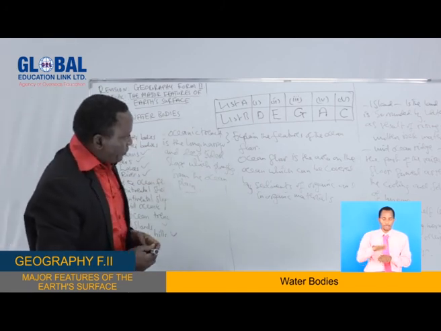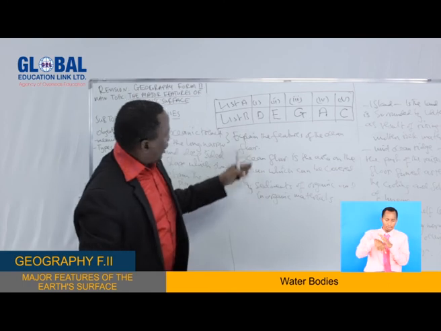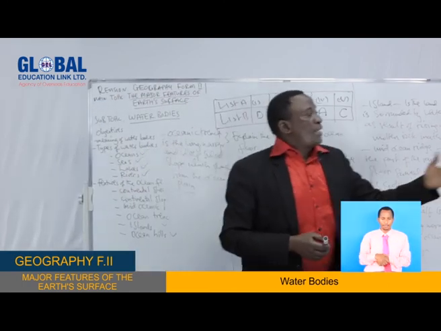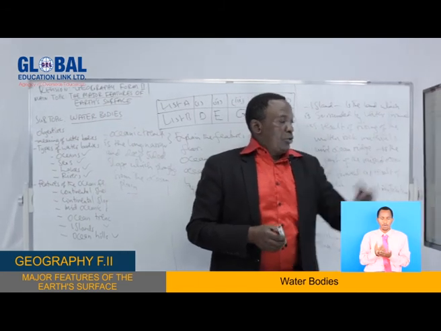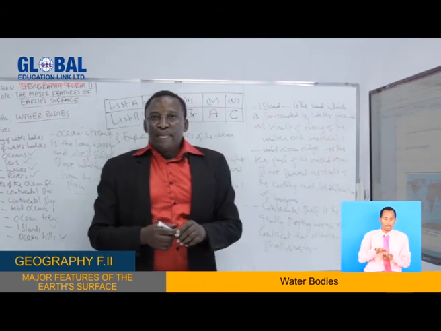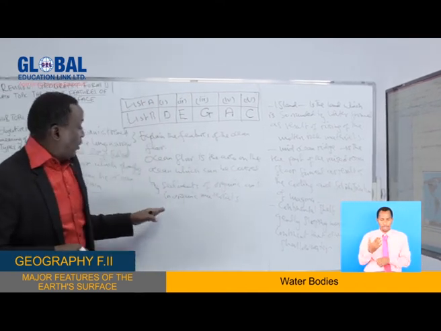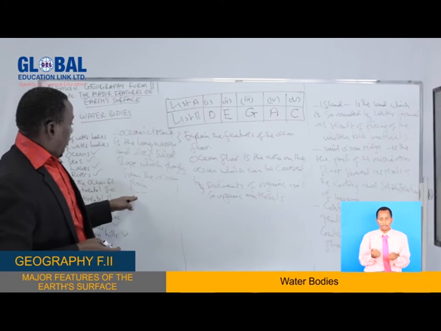Therefore, at the end of answering this question, you have to tell the examiner what is the significance of the features of the ocean floor. One of them, you can say there can be areas for breeding fish.